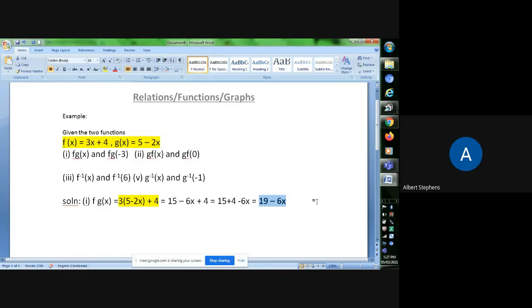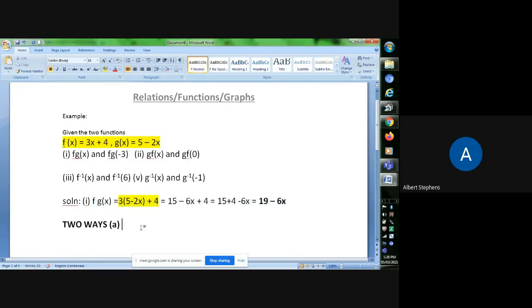All right. Now let's look at this part: fg of negative 3. There are two ways of doing this. The first way is basically to do the same thing I did a while ago.